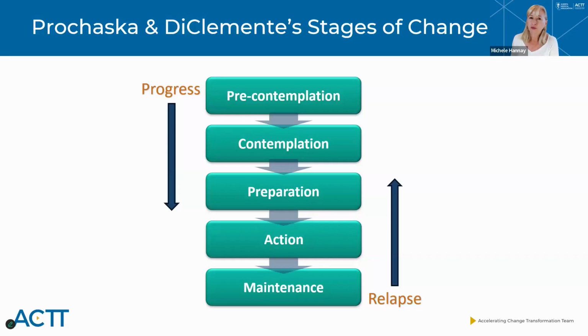So from pre-contemplation, where you're just beginning to think about it, to contemplation, to preparing for making the change, to then taking action and eventually maintenance of the new behavior. And this model provides direction on how to adapt treatment based on which stage of change the patient is currently in related to the particular health issue.